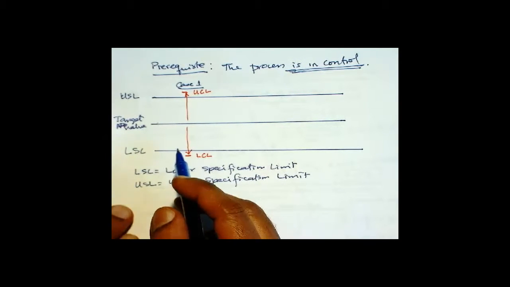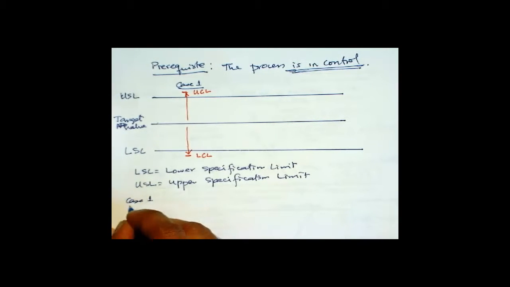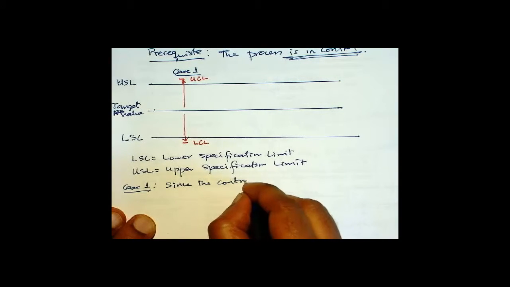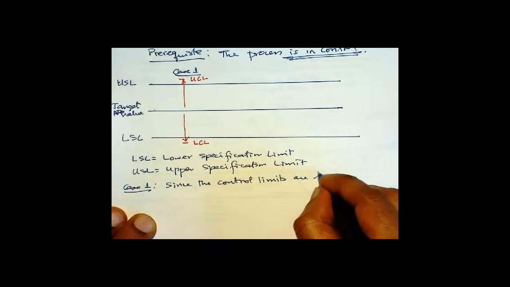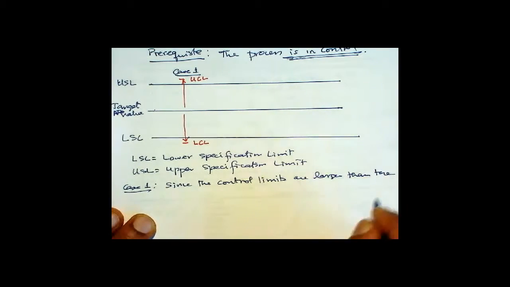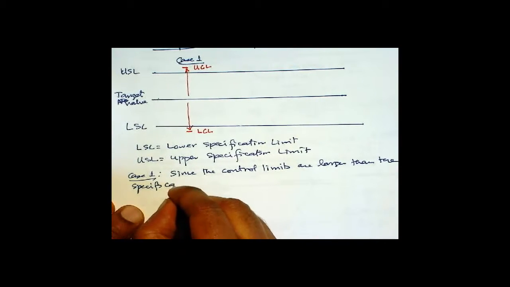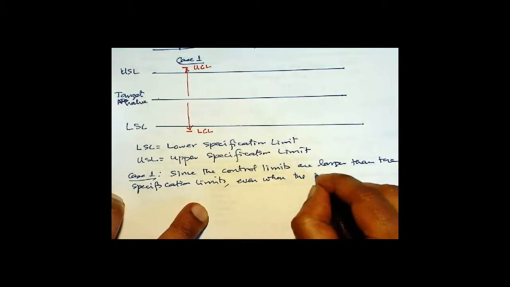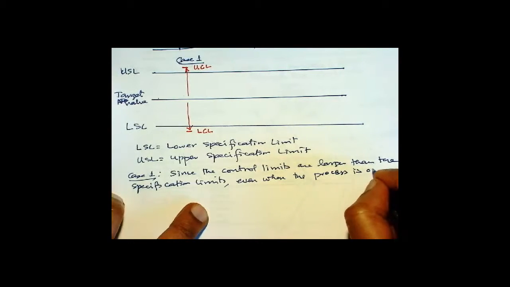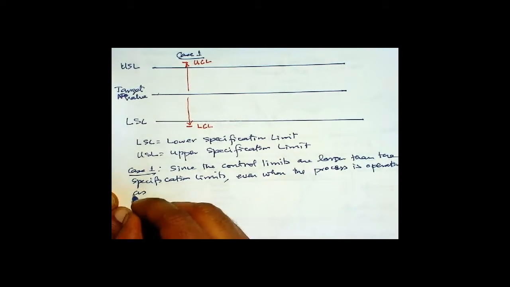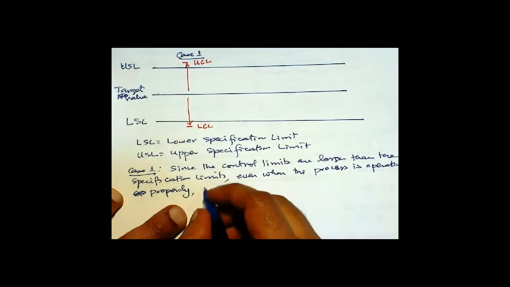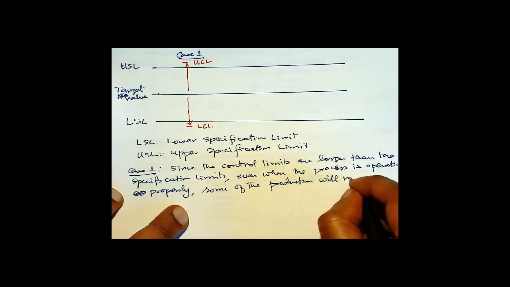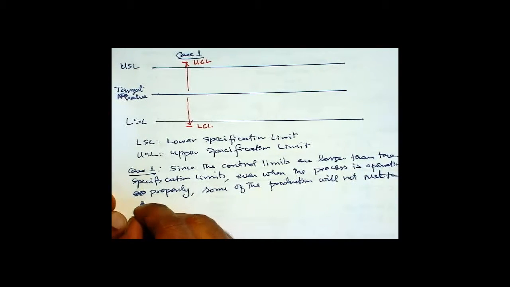So clearly, case 1, since the control limits are larger than the specification limits, even when the process is operating properly, some of the production will not meet the specification limits.